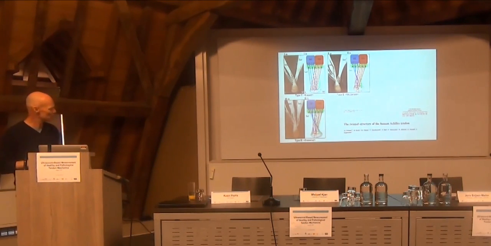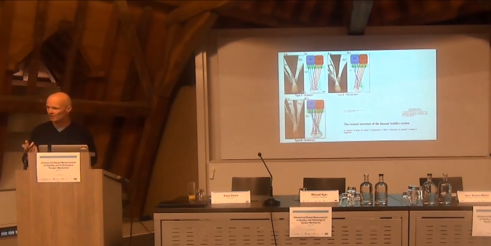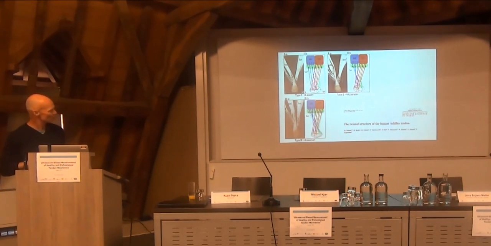Some people tend to have a large twist, and others tend to have less twist. But anyway, it's quite clear from these studies, at least, that there seems to be a distinct connection between the fascicles of the tendon and muscles further proximal. The question is then if this has any functional meaning, and that we will come back to.